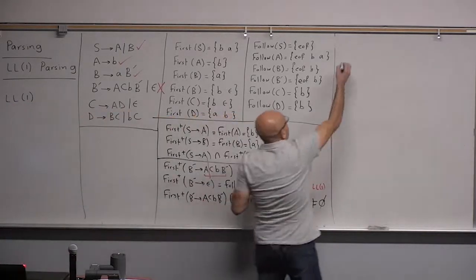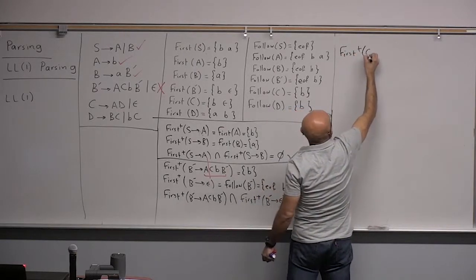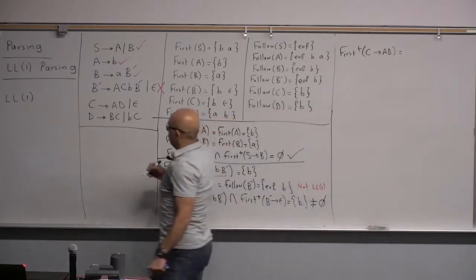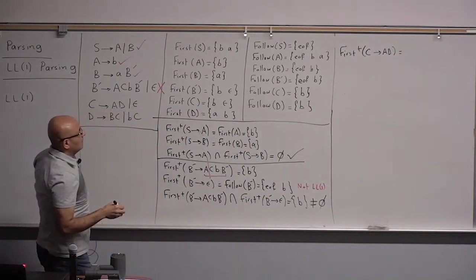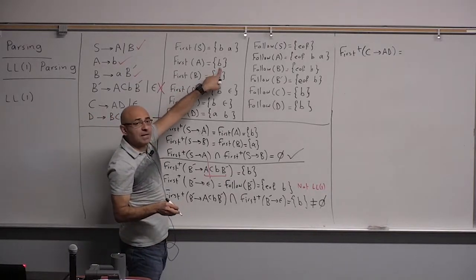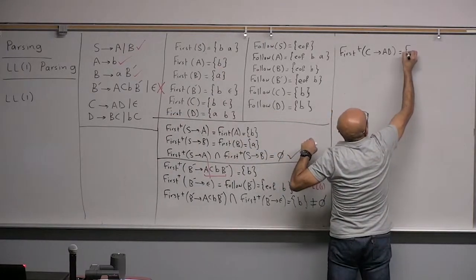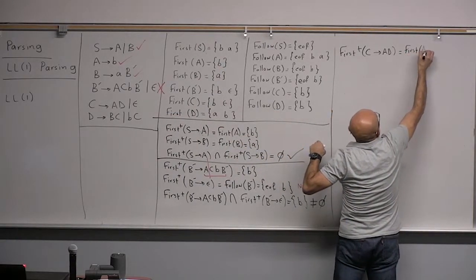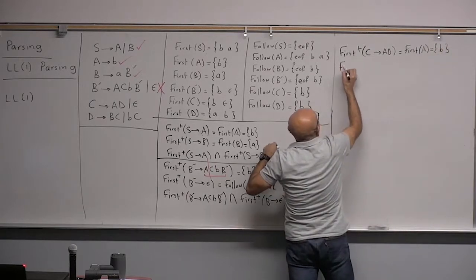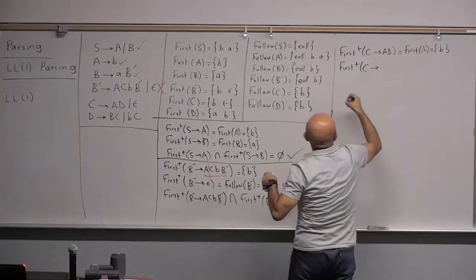First plus of C goes to A D. What's the first plus of this? The first of A, which is B, and it doesn't have an epsilon in it, which simplifies things, so it's B. Now first plus of C goes to epsilon.